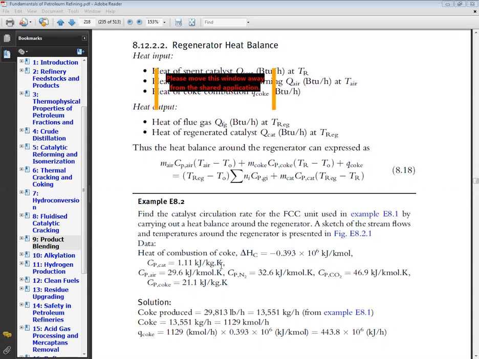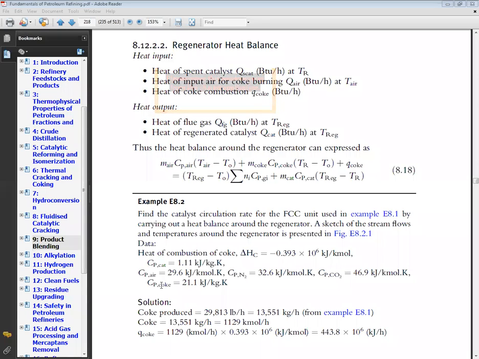One thing I would like to draw your attention to here. See, all the heat capacities are given, but see the unit. For heat capacity of catalyst, the unit is given kilojoule per kg times Kelvin, but for air, see here, given kilojoule per kilomole per K. For nitrogen also, number of moles is given instead of weight, kilogram.